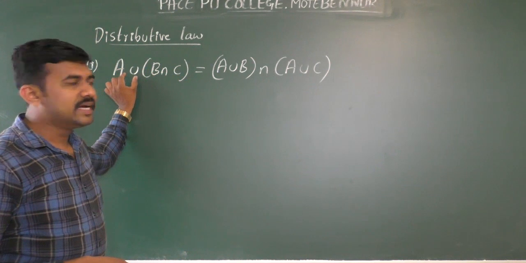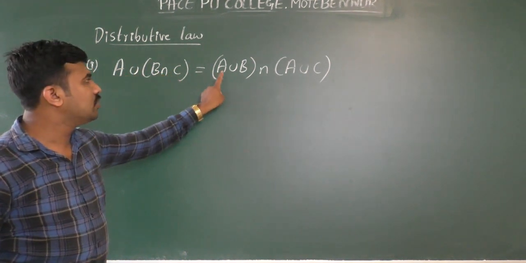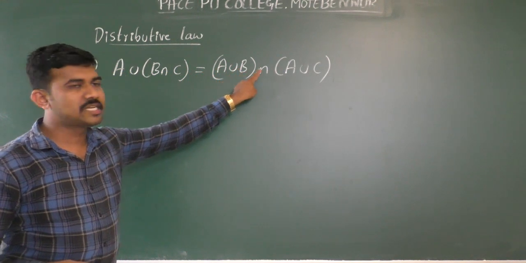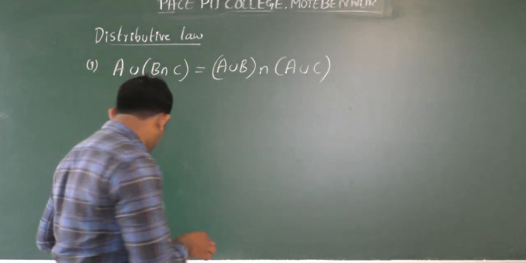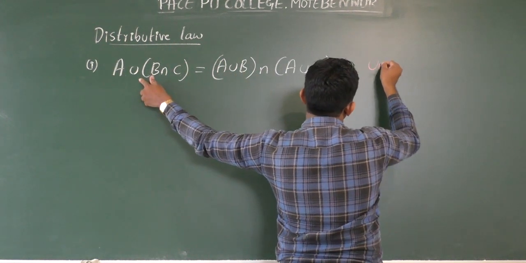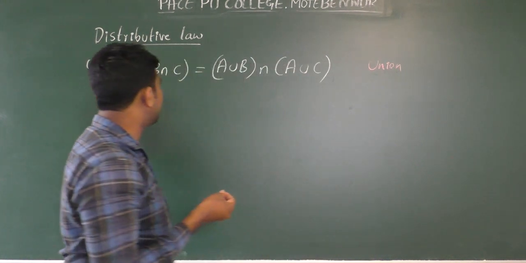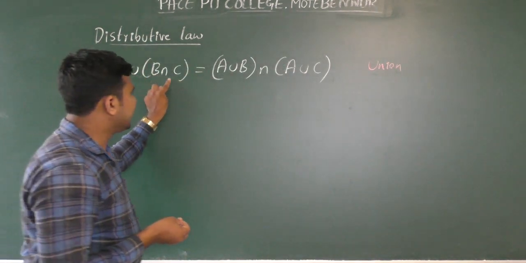It says that A union of B intersection C is equal to A union B intersection A union C. This is called the distributive property of union. Here you have the first operation, union, over intersection.